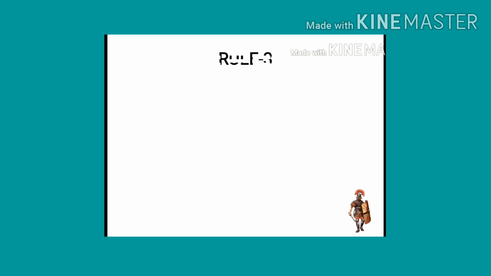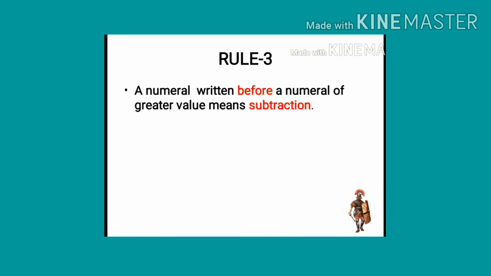Now, rule 3. A numeral written before a numeral of greater value means subtraction. Now, let us see what this means and how it is read. I V. You can see that V is greater and I is smaller. I is written before the greater number, and that means subtraction.